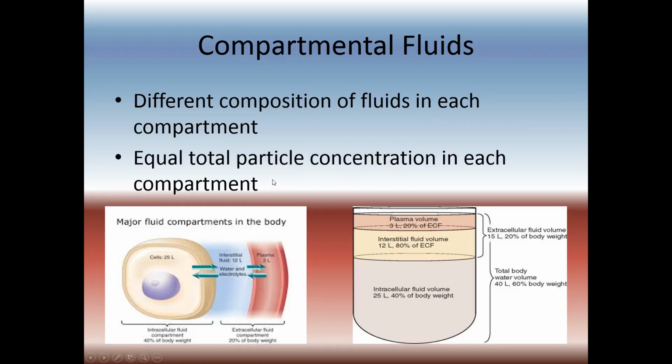However, the total particle concentration is going to be equal in each compartment. So this next slide is going to show us that there's different particle concentrations in each compartment, and we're going to talk about what electrolytes and other particles are contained in each compartment. But before we do that, let's draw a picture of what we just talked about.